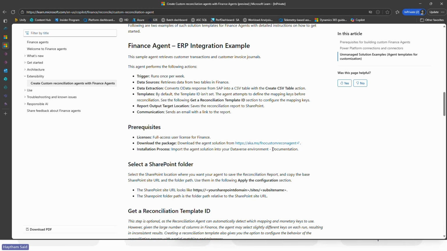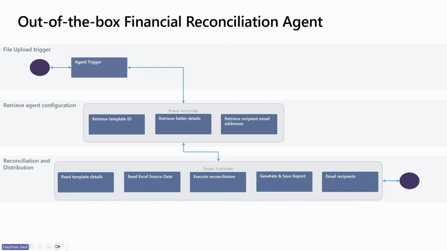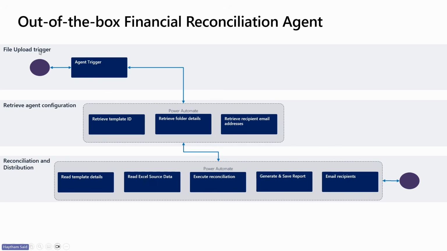And when I say creating, you can do pretty much what you want. So I'm just going to move quickly here to give you a couple of scenarios. So out of the box reconciliation, you put the files in SharePoint, the agent will pick up that information, get your template, read the source file, run the reconciliation, generate and save the report, and email you the results.